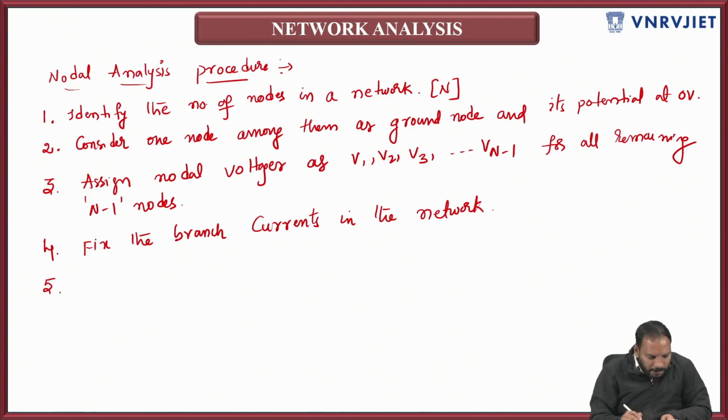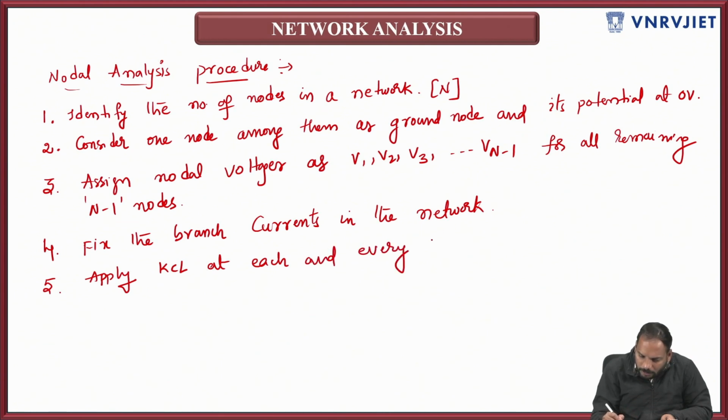So once you fix the branch currents in the network, apply KCL at each and every n minus 1 non-reference nodes.